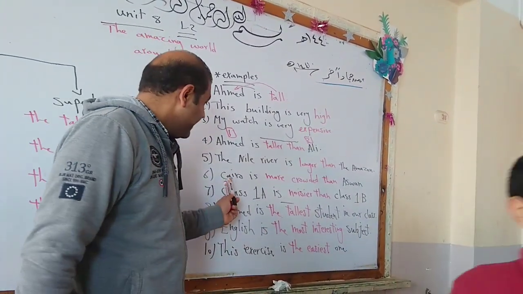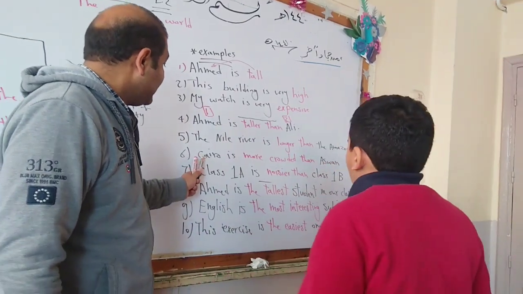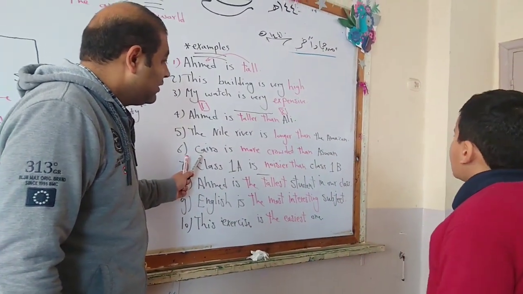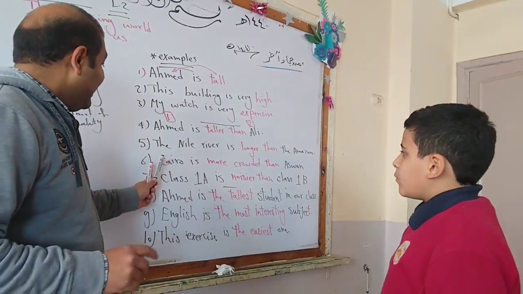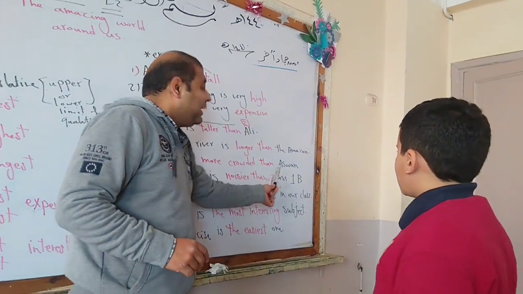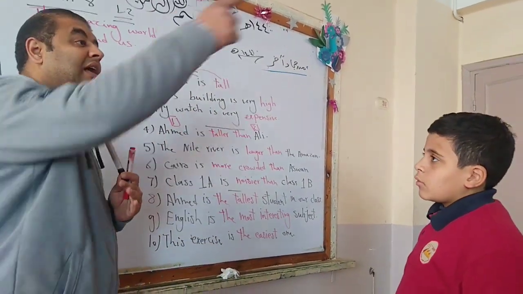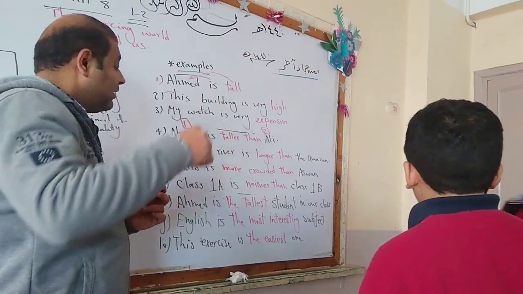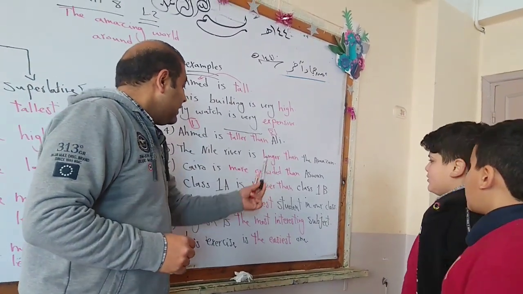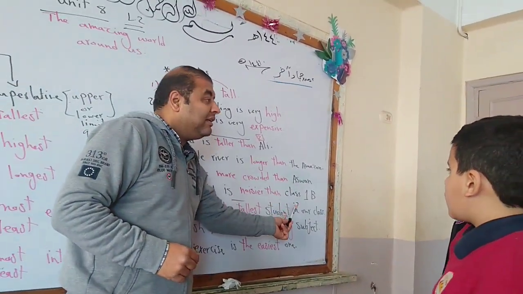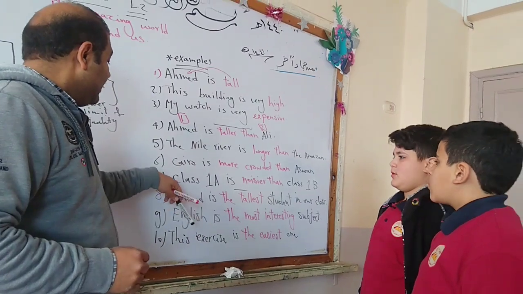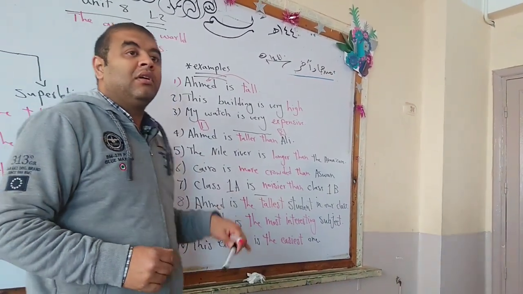Begin your sentence with Aswan. Aswan is more crowded than Cairo. No, if Cairo is more crowded than Aswan, so Aswan is, Muhammad? Less crowded. Aswan is less crowded than Cairo. Yes, good.